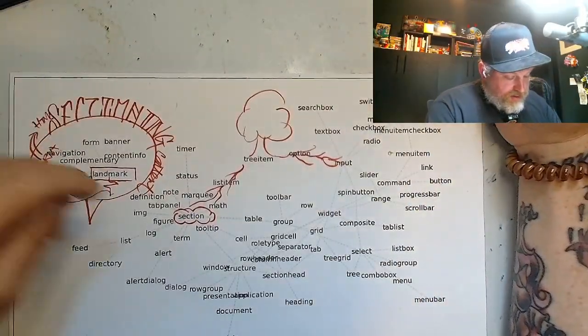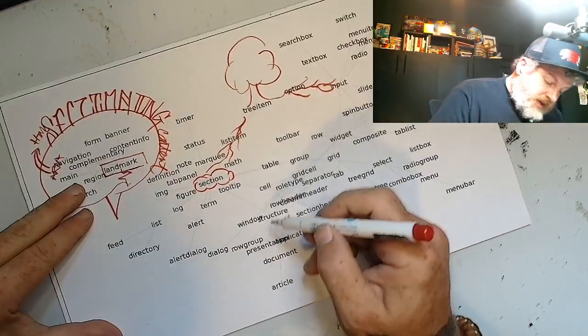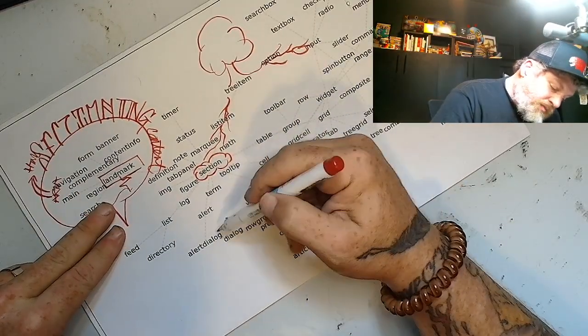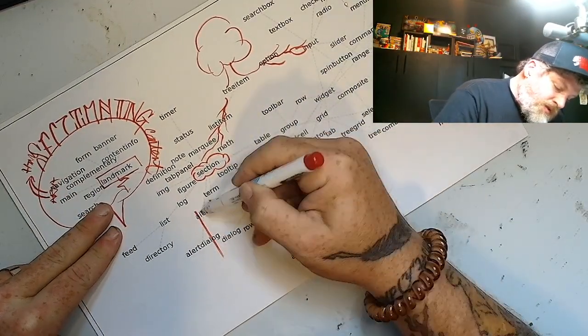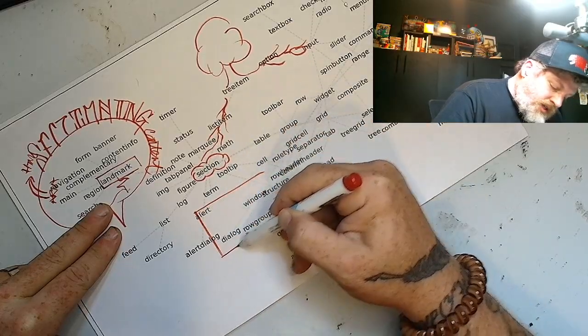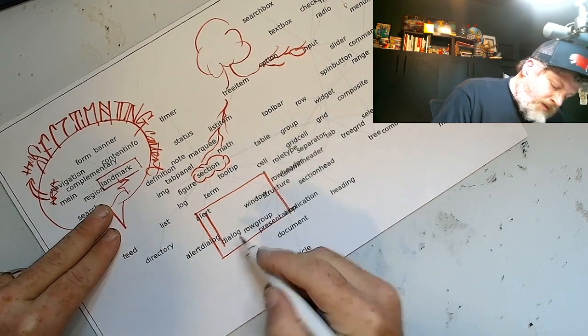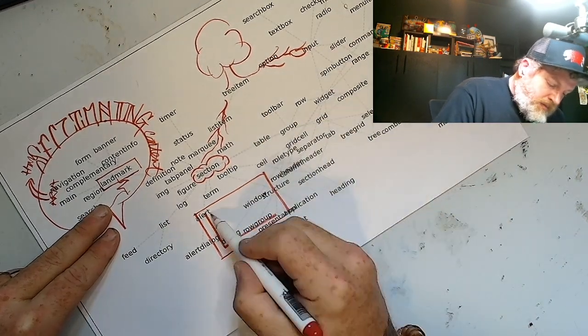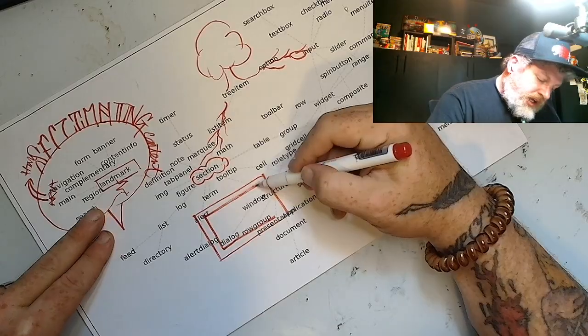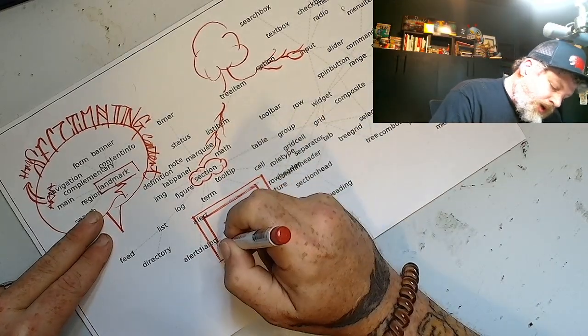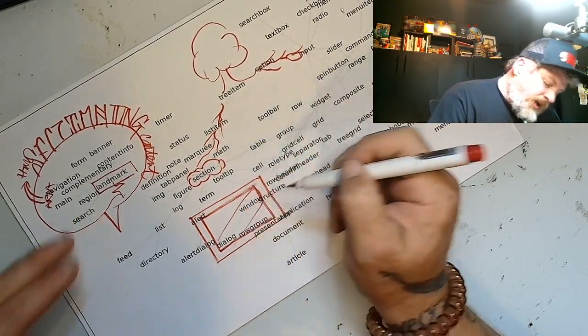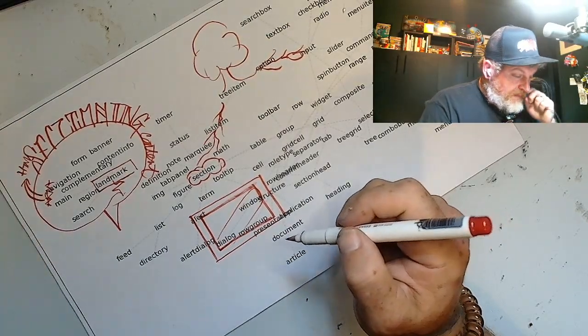Now, I think another interesting one to point out here is probably looking at this little window right here, mostly that contains dialogue and window. So dialogue is an HTML element. I think it's actually a sectioning element.